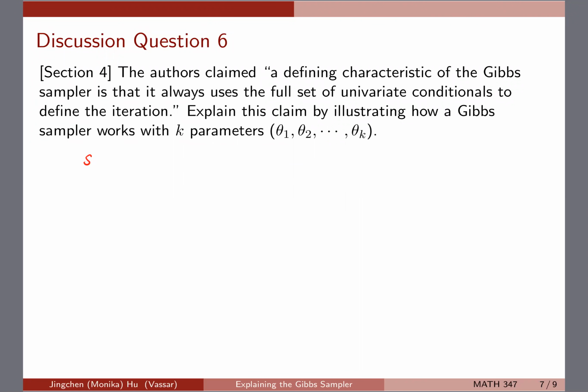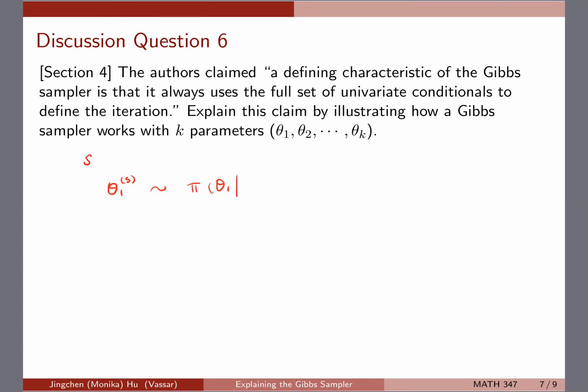Well, you would start with theta 1. You would use your full conditional posterior distribution to get a value with the s minus 1 of all the other parameters. So let me just write, I will use pi to represent the full conditional posterior distribution, and it's theta 1s.